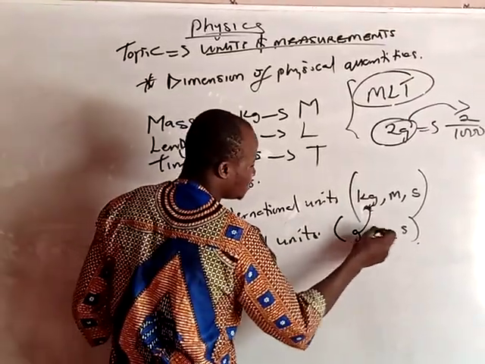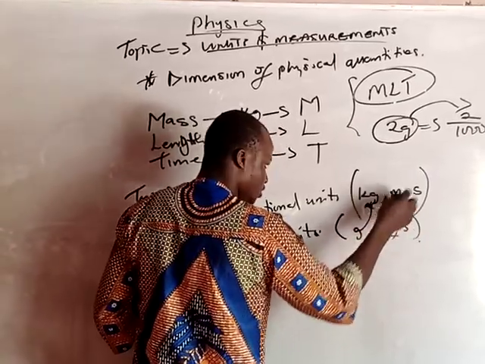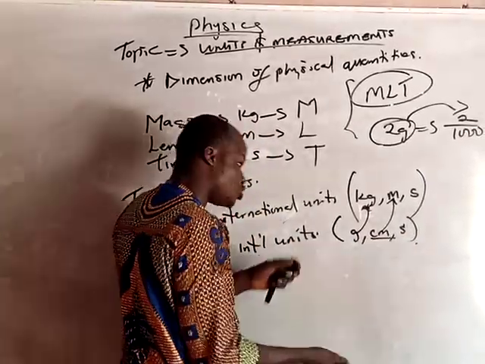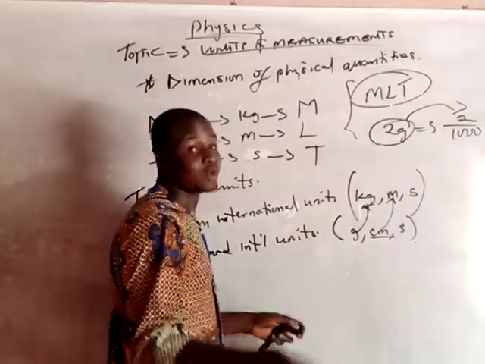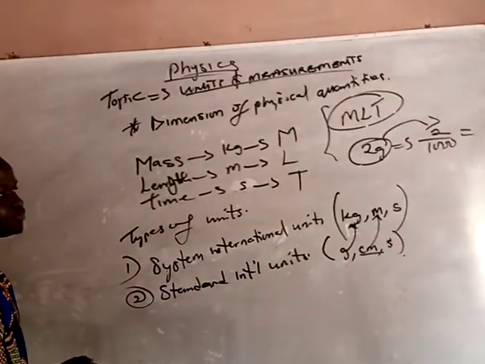If you are given in centimeter, you convert to meter. If you are given in seconds, it's still seconds. But if you are given in minutes, you convert to seconds. If you are given in hours, you convert to seconds. So that's how it goes.